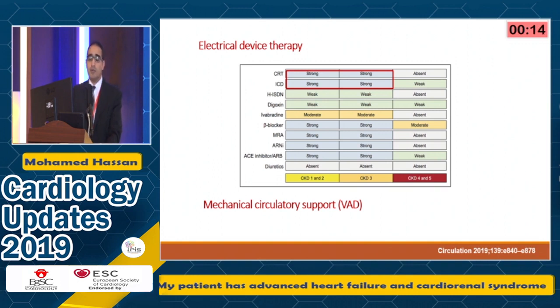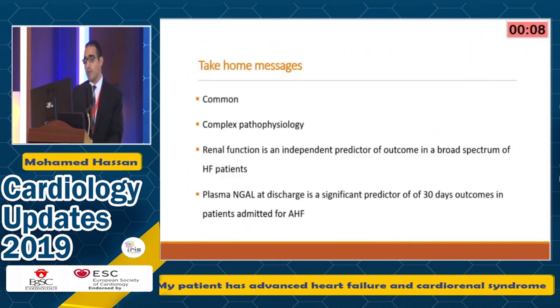My final take-home message is that renal dysfunction in patients with heart failure is really common, ranging between 40 and sometimes 60% of the patients. The pathophysiology is really complex. It's an independent predictor of outcome in patients with acute and chronic heart failure, with preserved ejection fraction and reduced ejection fraction.